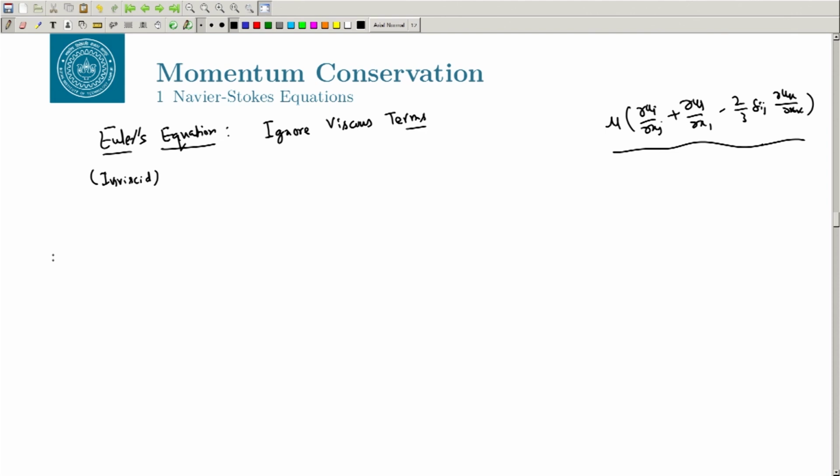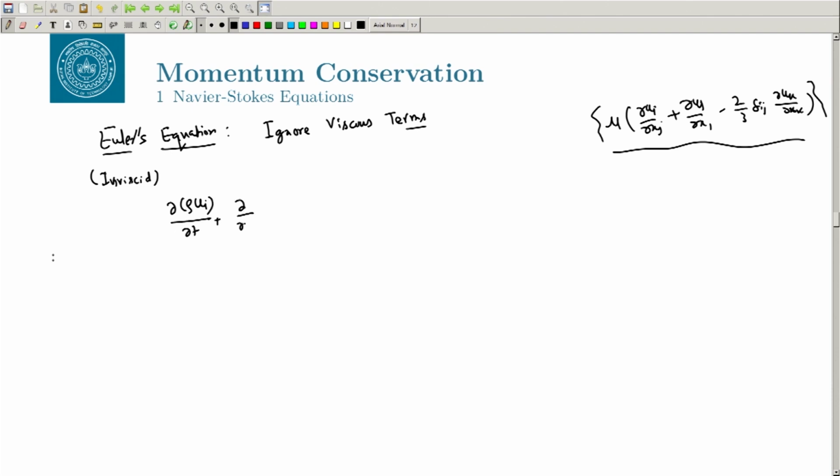In terms of computational cost also it is more expensive, right, because you have to determine the viscous term every time. So, in those cases you can use the Euler's equation, which is nothing but your momentum equation without the viscous term.